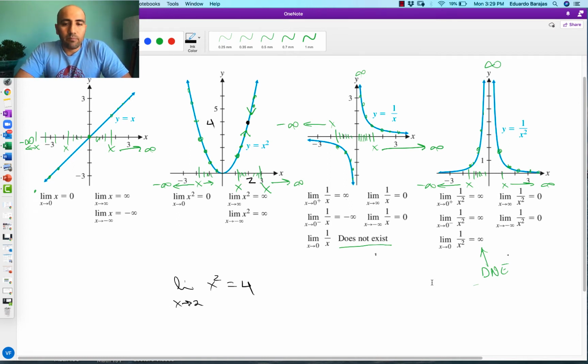Some of the most basic equations, we can easily graph or at least sketch and have some sense of where the function is going. But as you recall in Chapter 2, we very often are given very complicated equations, and we could use technology to graph them and tell what the result of the limit would be based on the graph.